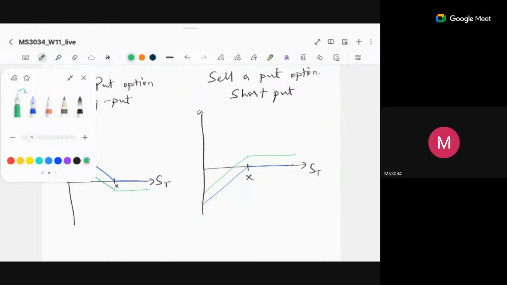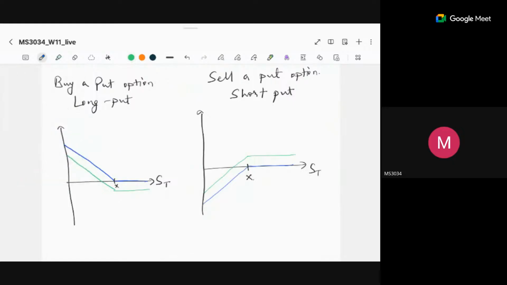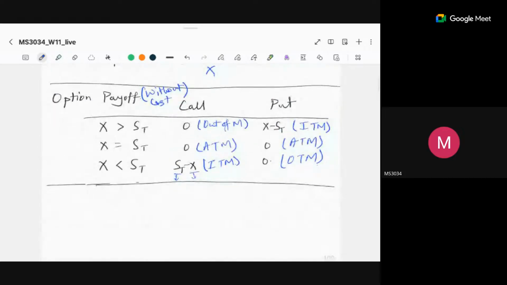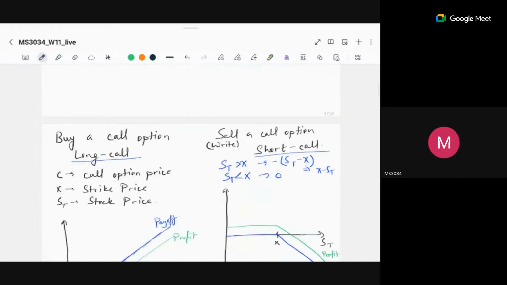So when you are buying a put option, what is the payoff for a put option? We have said earlier, when my stock price is less than the exercise price, my payoff is X minus ST, and in other cases 0. So when my stock price is more than the exercise price, it is 0.